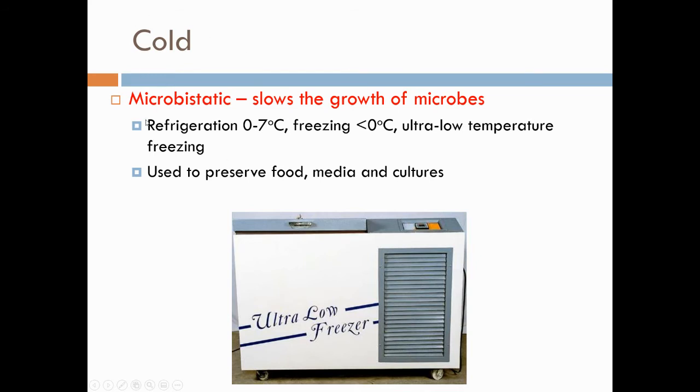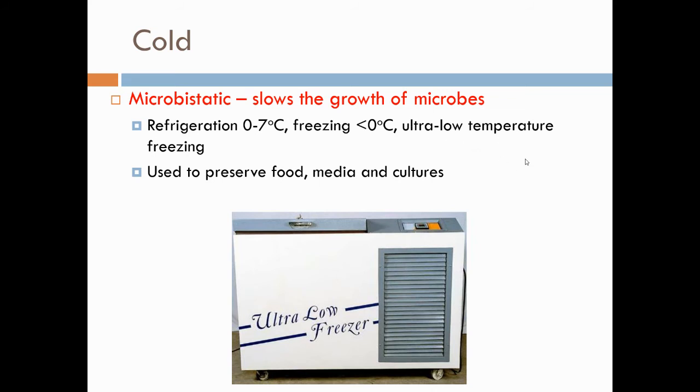Cold temperatures. Cold temperatures inhibit growth. If you remember in our control of growth, we looked at temperature as a way to control growth, where high heat can destroy, but low temperatures inhibit growth. So refrigeration is between 0 and 7 degrees Celsius. Freezing is below 0, or we could use ultra low temperature freezing.